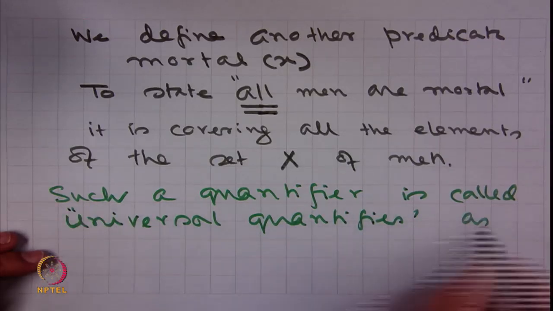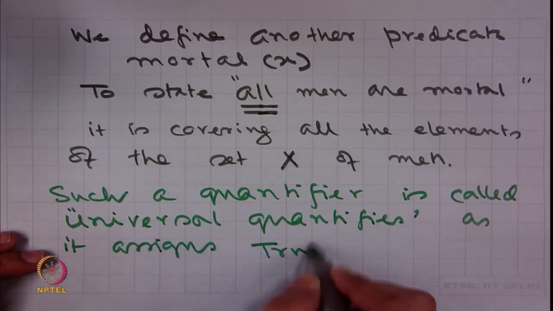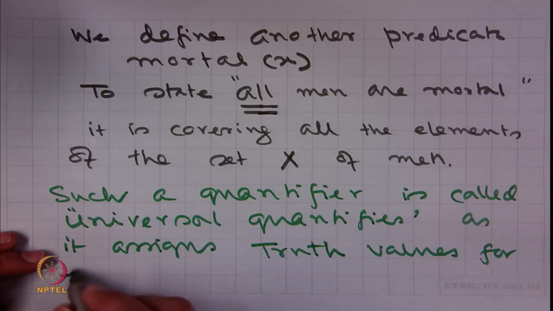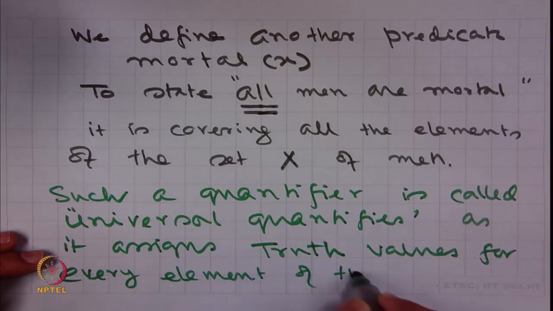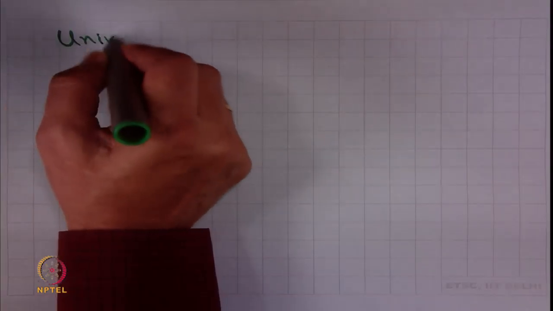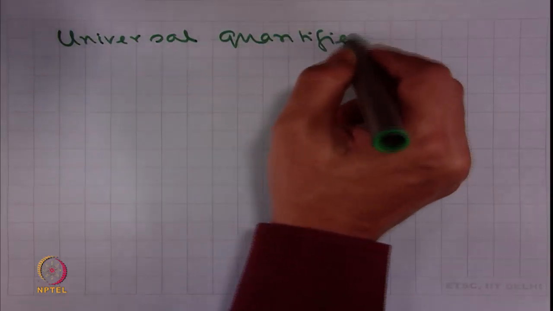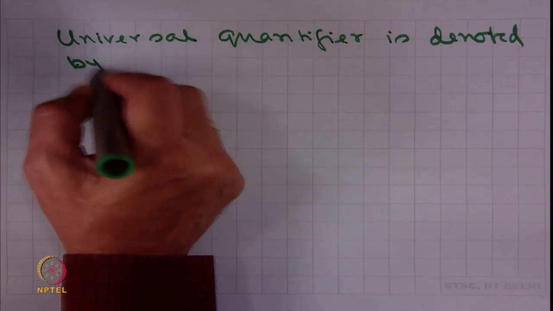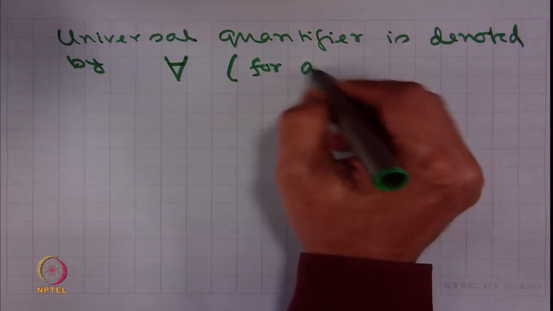As it assigns truth values for every element of the set X. The universal quantifier is denoted by this symbol, which means for all.